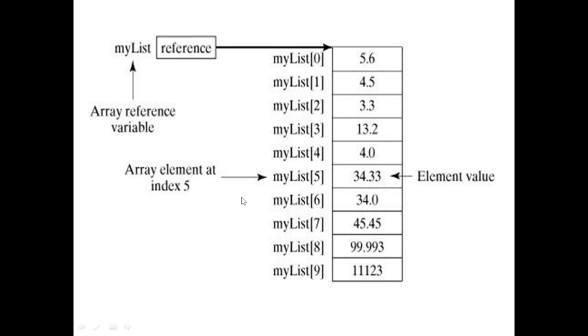Here you can see an array that has been named mylist. Mylist is an array of type float. Yes, you have to mention the type of the array that you want to initialize in Java, because Java is going to determine what kind of data you are going to store in all the elements of the array.